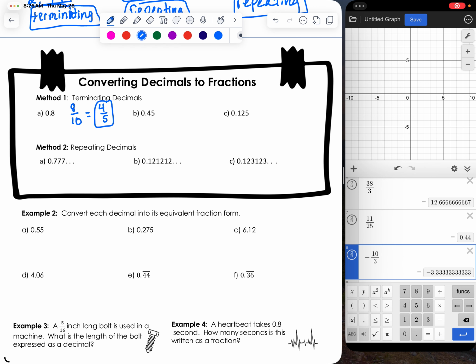All right. B, 0.45. So this time our decimal is 2 places. So that's the 100th place. So this could be rewritten as 45, not tenths, but this time it's 100ths because there are 2 places. Now, your calculators will reduce these fractions for you.